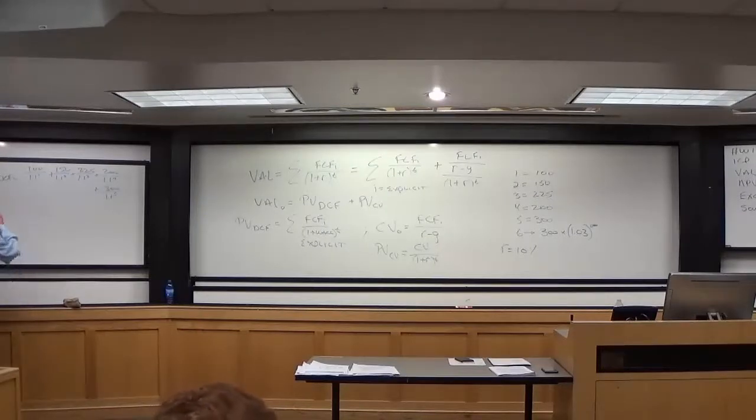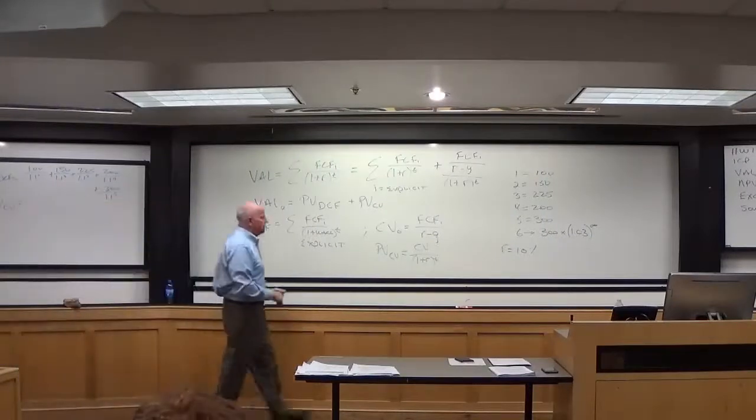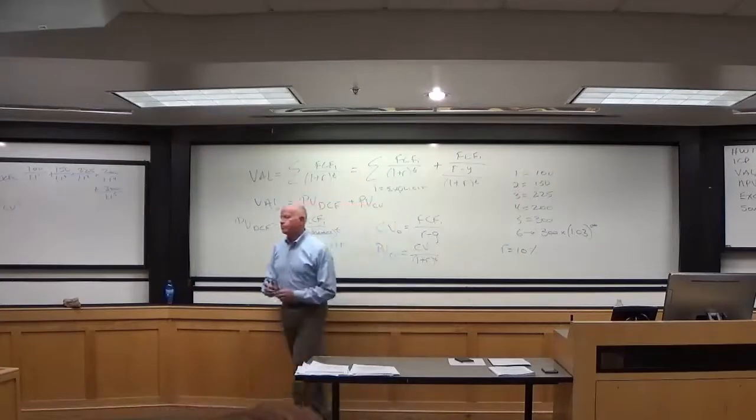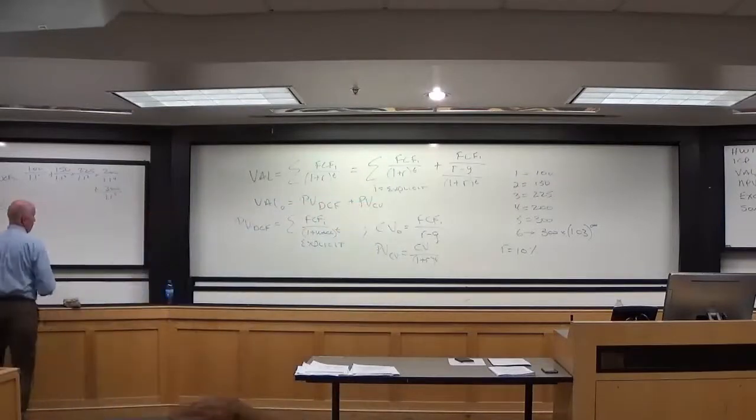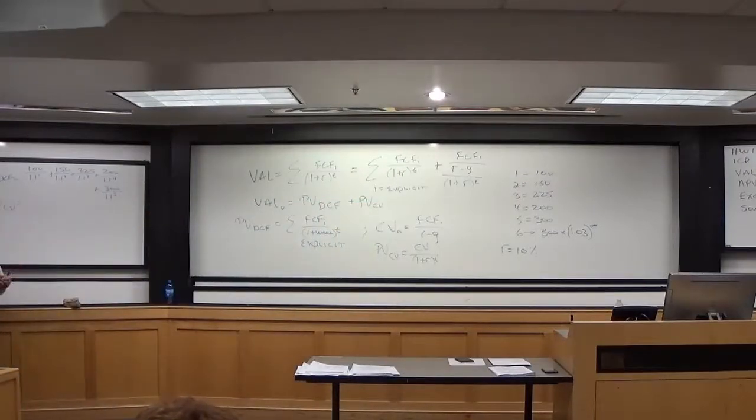So then the present value of my continuing value will be the continuing value, which is going to be free cash flow at time 1, but time 1 is not the same as this time 1. When is time 1 in this scenario? Year 6. It's the year after, okay? Because we're always looking at the future cash flow.